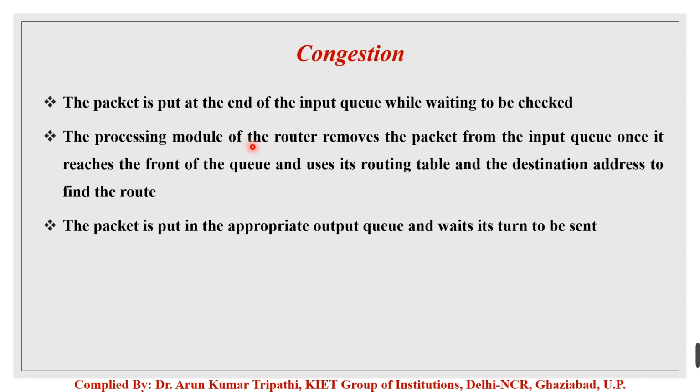The processing module removes the packet from the input queue once it reaches the front, and uses the routing table and the destination address to find the best route. The packet is put in the appropriate output queue and waits for its turn to be sent.